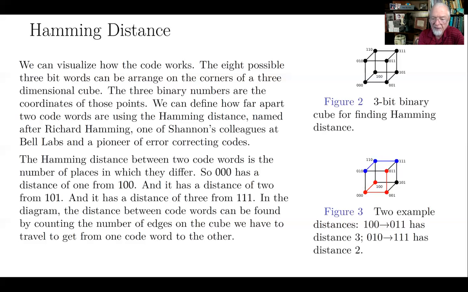So that's the way the design of the code is done. Anything of length 1 from either end, 000 or 111, is assumed to be a 1-bit error. And so if there are 2-bit errors, you'll wind up decoding it as the opposite symbol. So this only works for 1-bit errors.